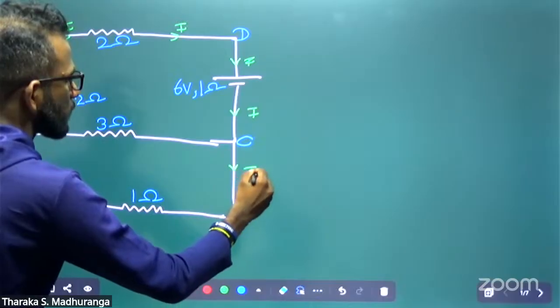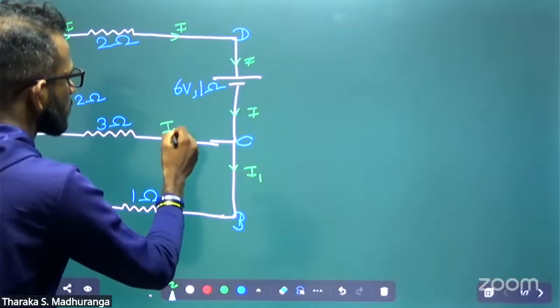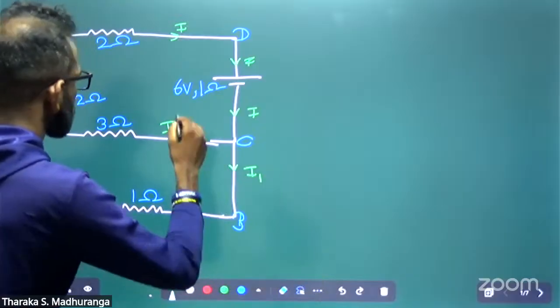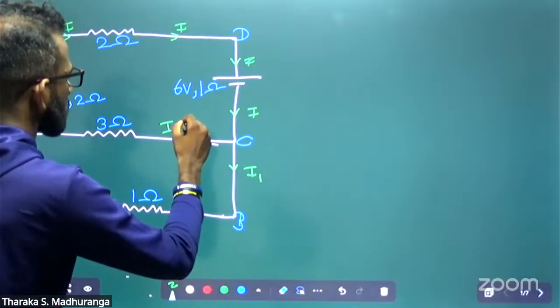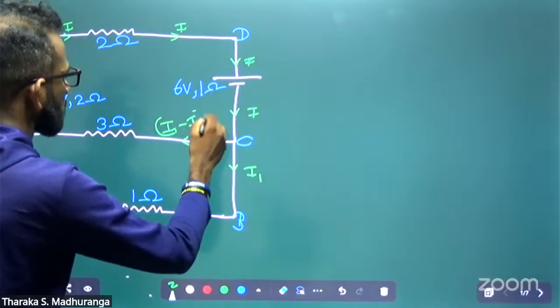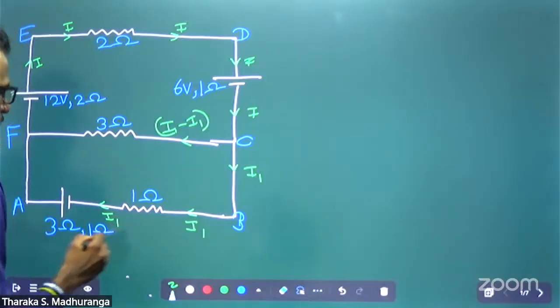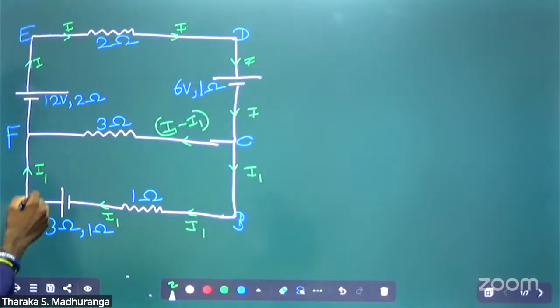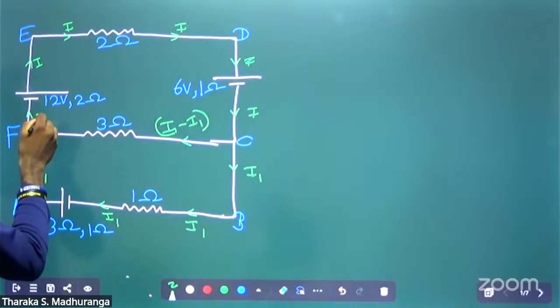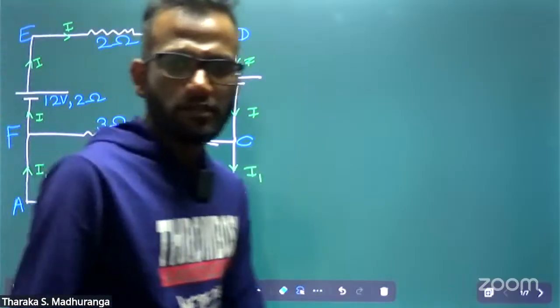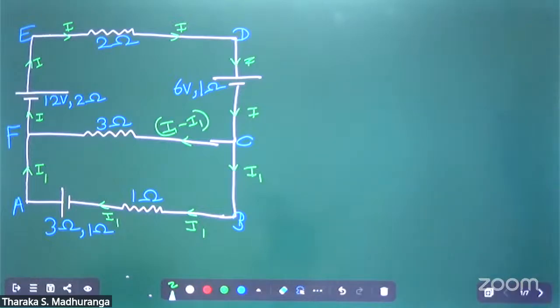I think this is I1, this is I minus I1, I1, again this is I. Okay, those are the current directions. You can try. Any two loops you can use. First use A, B, C, F, A, or whatever loops you like. There are no rules.